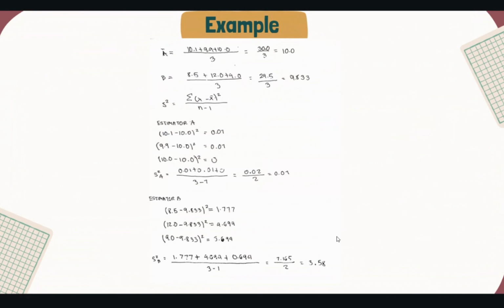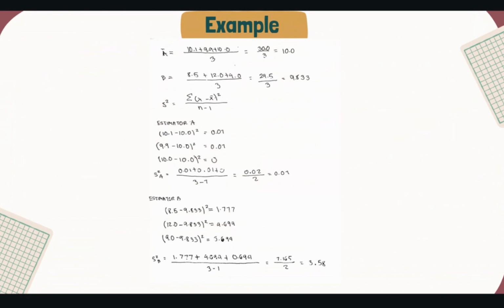So 10.1 minus 10 squared is equal to 0.01, and 9.9 minus 10 squared is equal to 0.01 also, and then just repeat the process and it equals 0. Then we will plug it into our formula: 0.01 plus 0.01 plus 0 over n minus 1, where n is 3. And we will get the answer, which is 0.01. That is our estimator A.